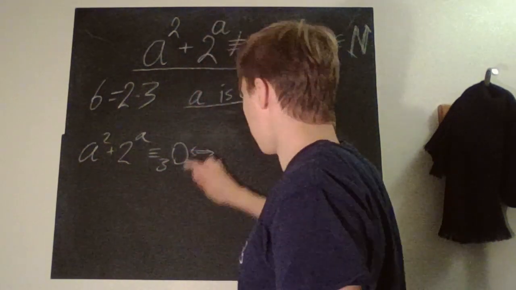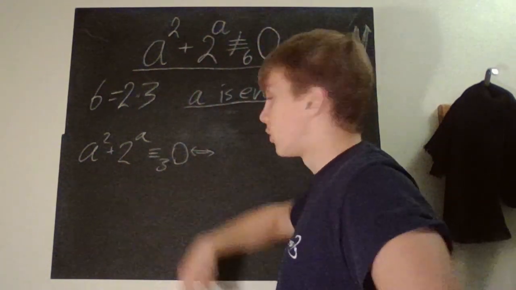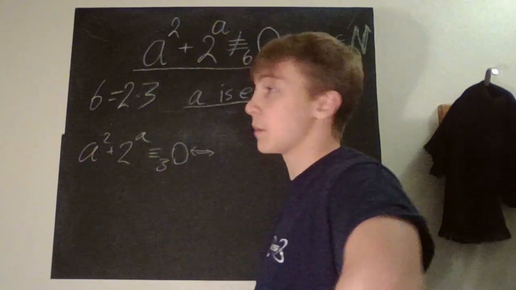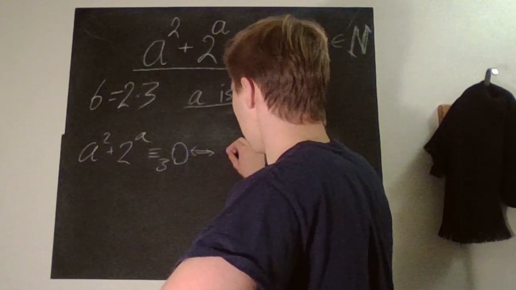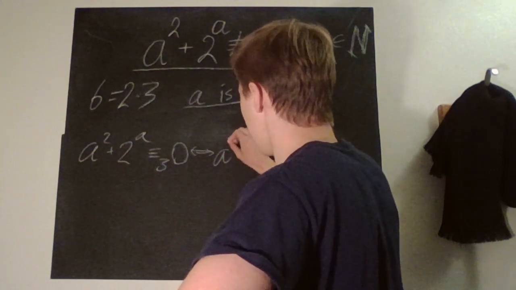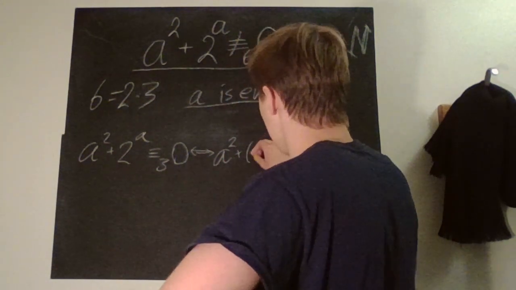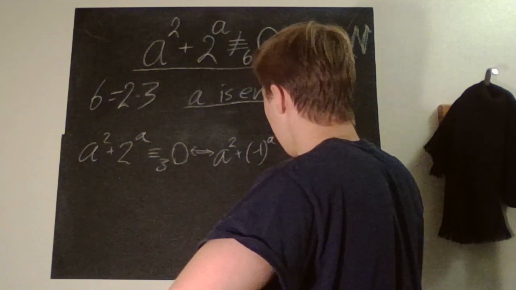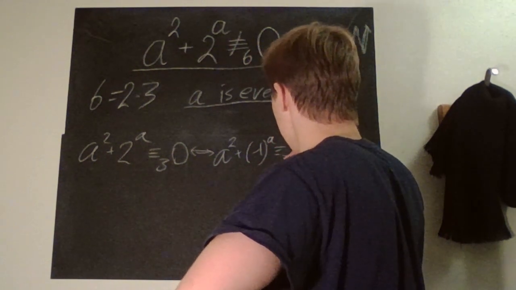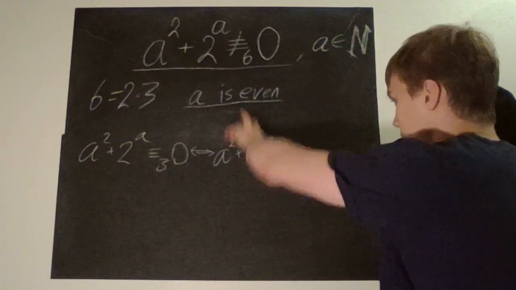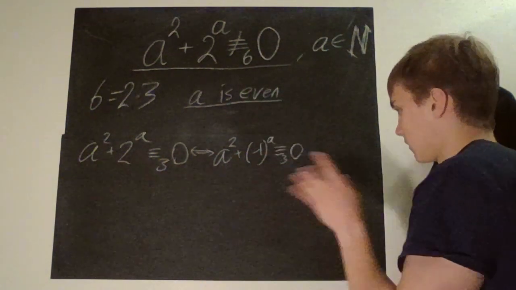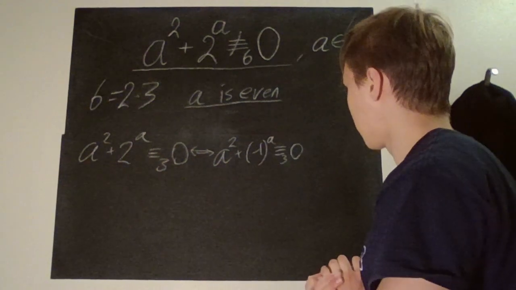What is 2? 2 is the same as minus 1 modulo 3. So we have that a squared plus minus 1 to the power of a is supposed to be divisible by 3. And we know that a is even.